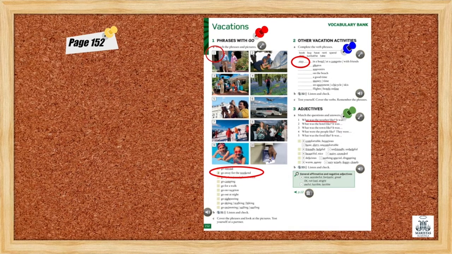Or delicious, nothing special, disgusting? Or warm, sunny, very windy, foggy, or cloudy? Yes, actually the weather was sunny or warm, windy, foggy, or cloudy. So you have to write the corresponding number inside the correct box.